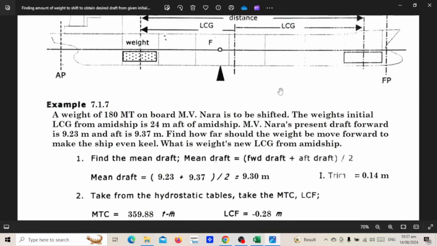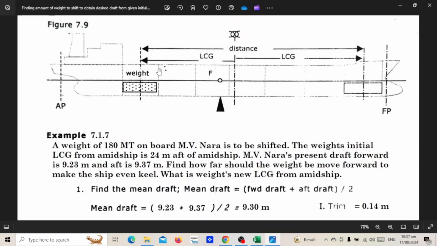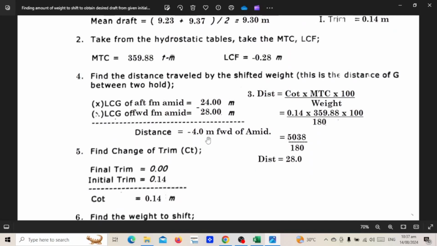So common sense says you take out 180 metric tons weight here, you ship it, and that's it. You're shipping the weight of 180 metric tons. So what is the weight now of the new LCG from amidship? Okay, so the weight will still be the same, 180. What is the new LCG? This will be the new LCG from amidship going forward is 4 meters. That will be the new LCG, which is this one, or 4 meters ahead of amidship.